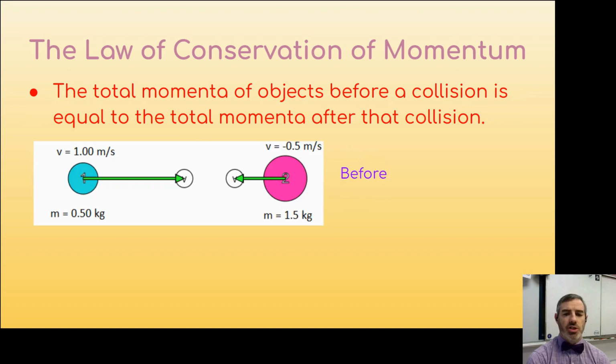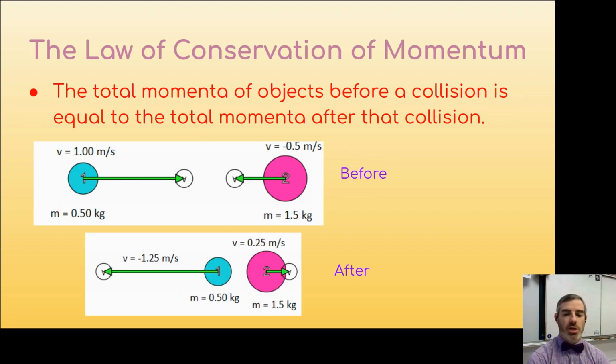Here we have a situation with two spheres moving towards each other, with different masses and different velocities. For the total momentum before the collision, we must take into account that sphere 2 has a negative velocity, which means it has a negative momentum. Remember, momentum is a vector quantity. So we take the momentum of sphere 1 and add the negative of sphere 2.